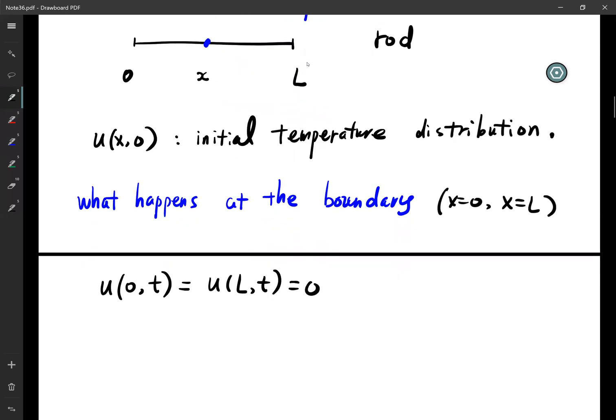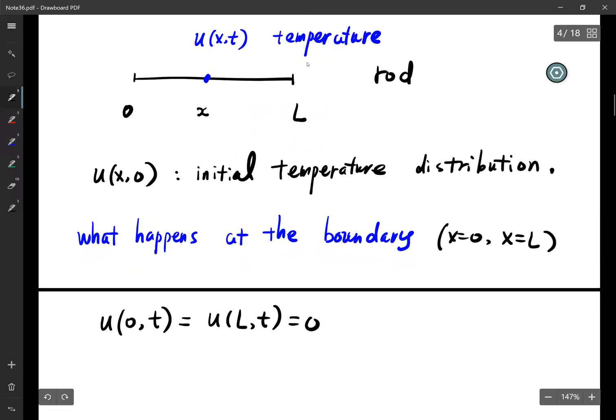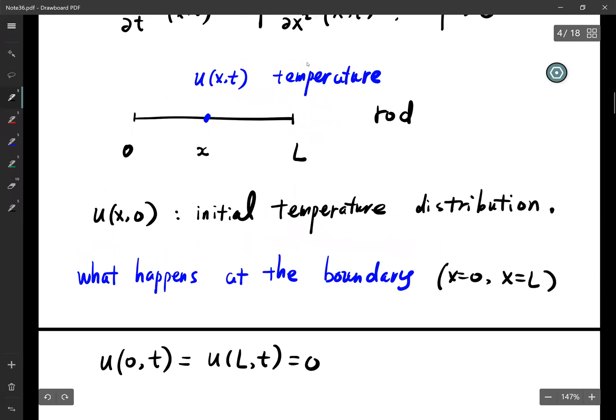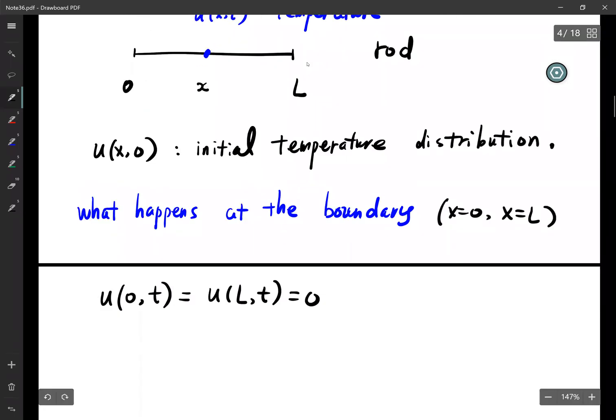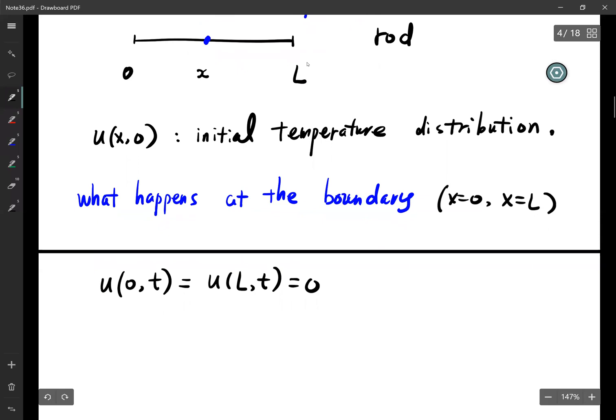But it's not like sucking away the energy at infinite speed. It will be governed by the laws of physics. And when I take u to be 0, that is particularly convenient because the equation becomes homogeneous.